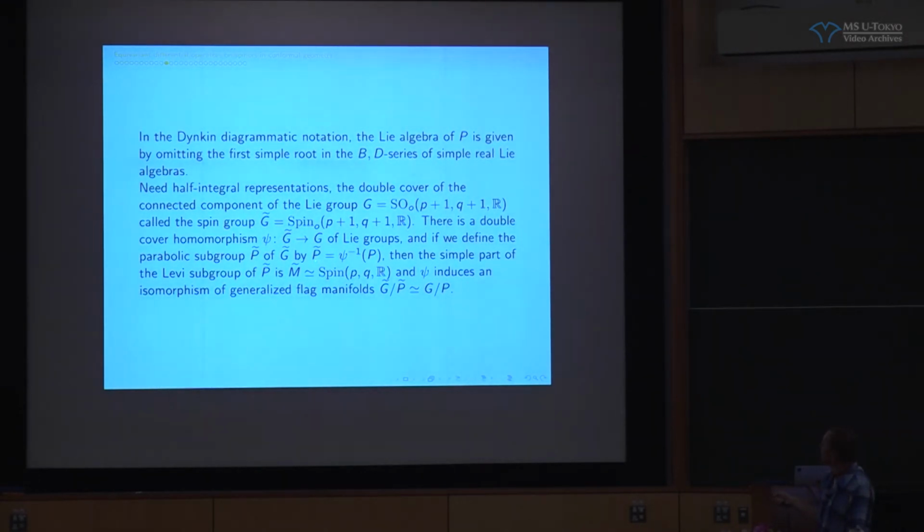So P tilde denotes the parabolic which is the pre-image of the parabolic subgroup we discussed on the previous slide, and the Levi component of the lifted parabolic P tilde is Spin(p,q)(R), and in fact psi induces an isomorphism of generalized flag manifolds G tilde over P tilde with G over P. So that's another model of the conformal sphere.